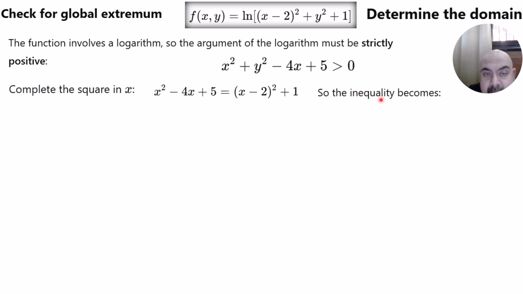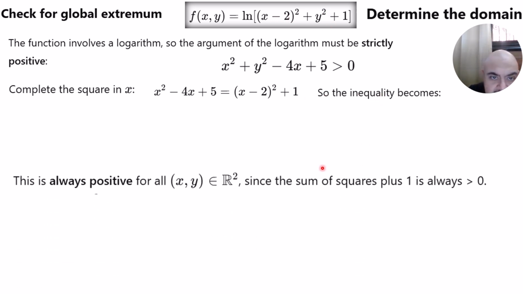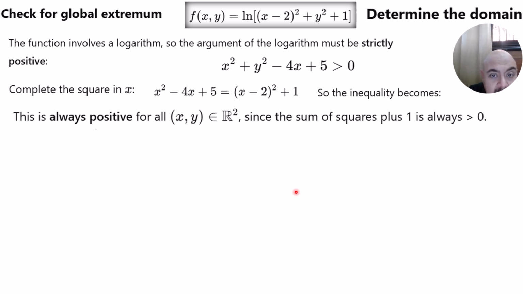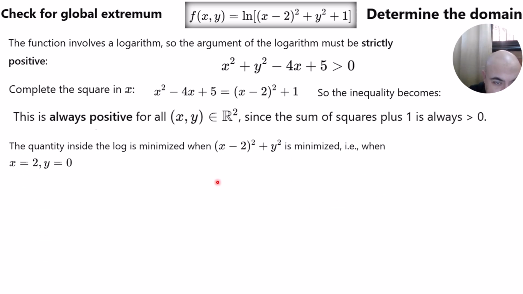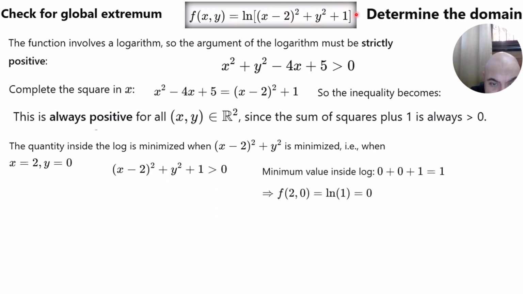Okay, so this inequality becomes, as you will see for the time being, x minus 2 to the power of 2 plus y square. And you need to see what's going to be the case of minimization at that point. So at x equal to 2 and y equal to 0, this part from our expansion will be 0. And the ln will equal ln 1. And once you have ln equal to 1, the result will be 0.